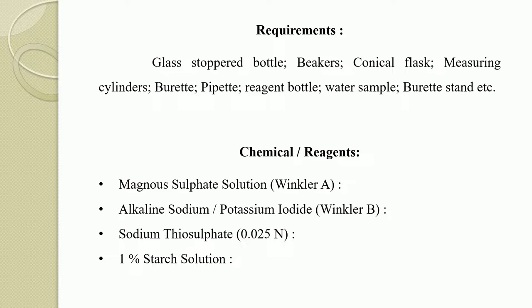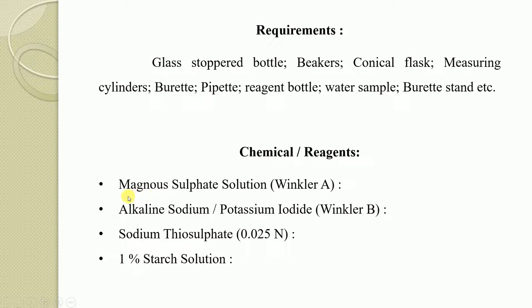Then you will require a beaker, conical flask, measuring cylinder for measuring the chemicals, then burette, pipette, reagent bottle, and the water sample from which you have to estimate the amount of dissolved oxygen present in that particular water, and the burette stand. While for chemical reagents you require the Winkler A solution.